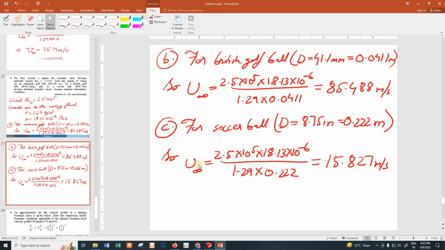So as the diameter increased, the velocity decreased to compensate, so that the Reynolds number stays consistent.